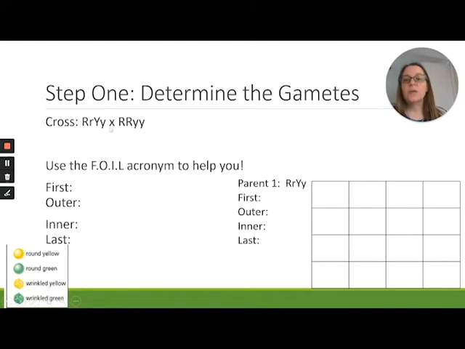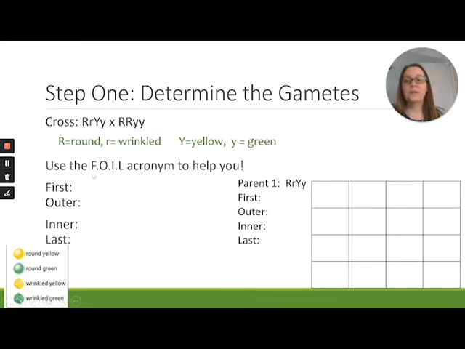And we are going to cross this parent, which is heterozygous for shape and heterozygous for color, with a parent who is homozygous dominant for shape and homozygous recessive for color. All right, so here's how the alleles play out. Round is dominant, wrinkled is recessive. Yellow is dominant, green is recessive.